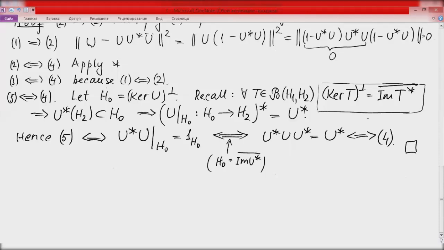Okay, and as a special case of this theorem, we get the following algebraic characterization of co-isometries. Corollary.